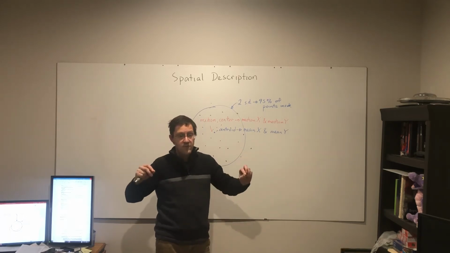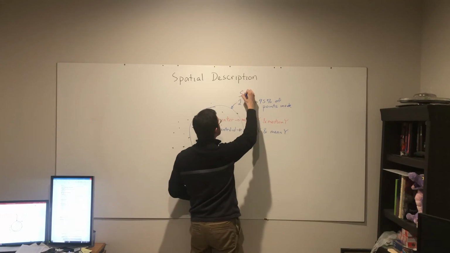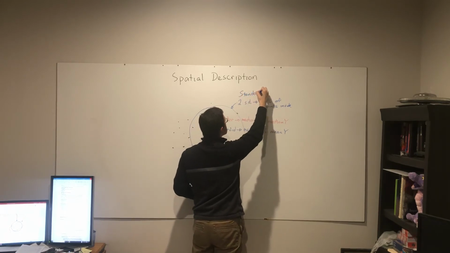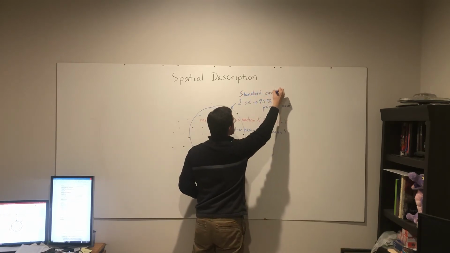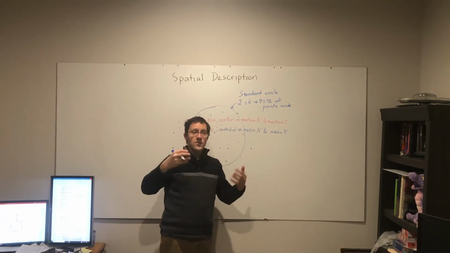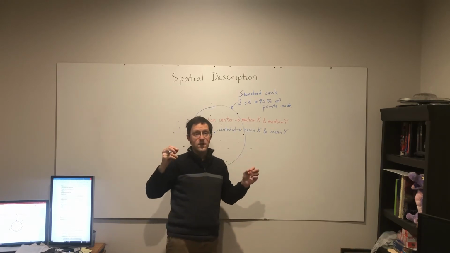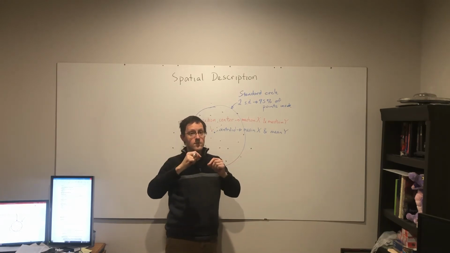If I specify I want to have a standard circle of 2 standard deviations, then just as with our attribute data, 95% of the data is within 2 standard deviations of the mean.